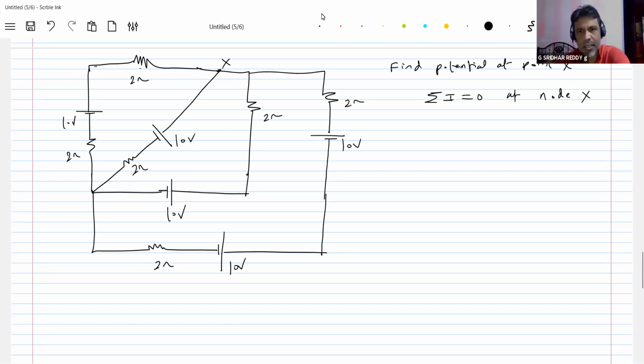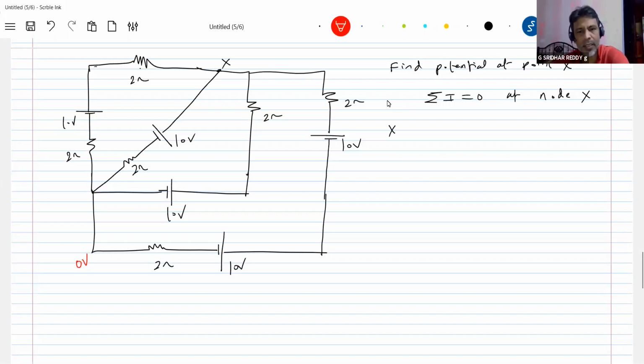Now start. So here X is the reference potential. Okay, somebody asked, so I'll do one thing: 0 volt. This will be the reference potential. You can pick anything; I just picked this one as 0 volt.